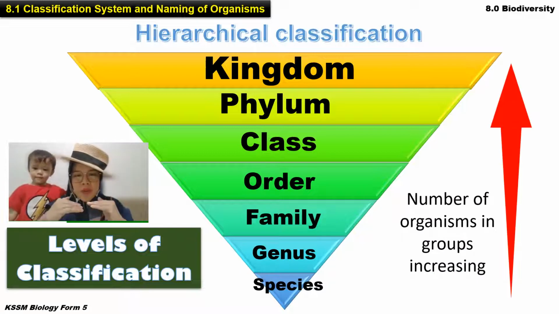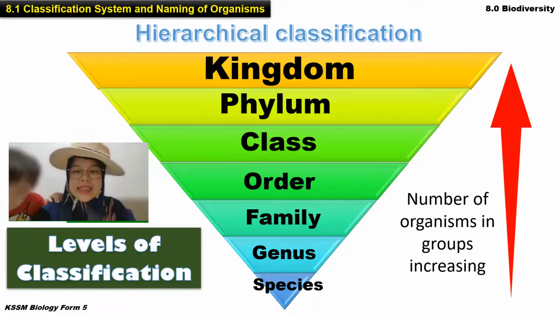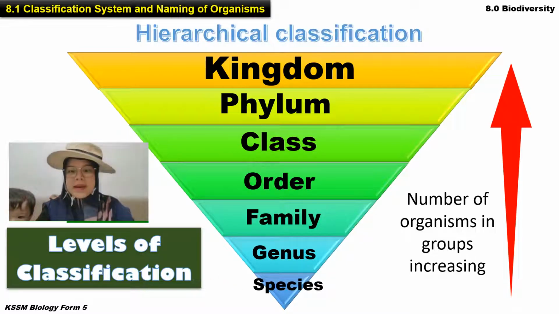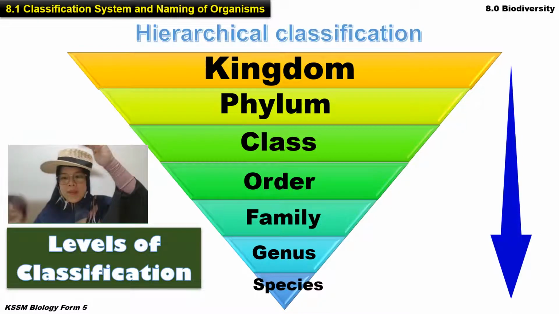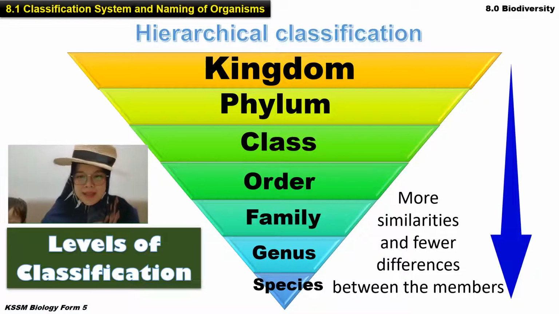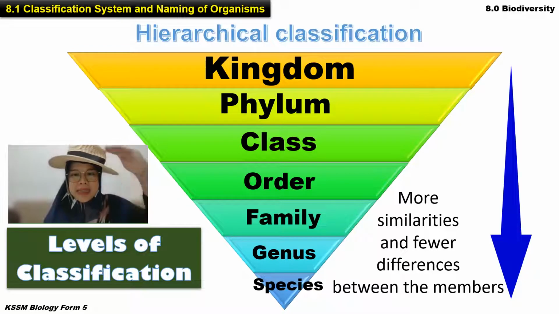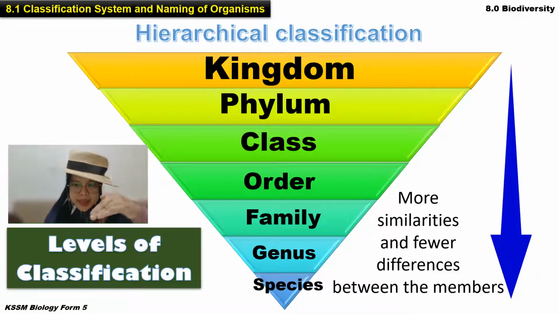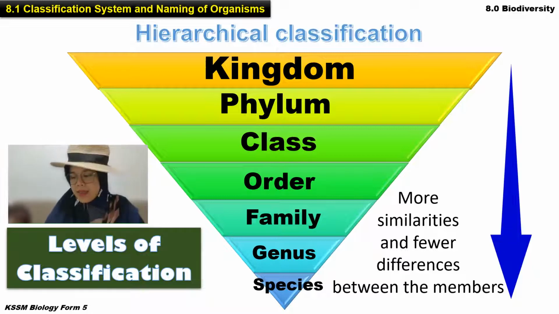If we go from downwards to upwards, the number of organisms increases, it gets more numerous. But from upwards to downwards, the organisms are more similar. From kingdom and phylum going downwards, they are more similar, while the features can be different.